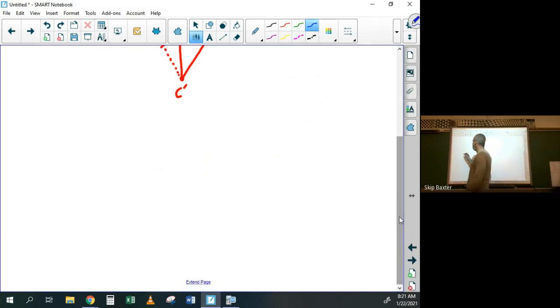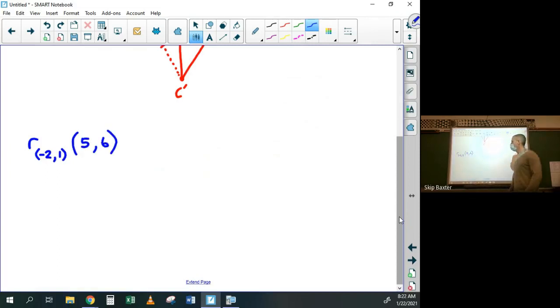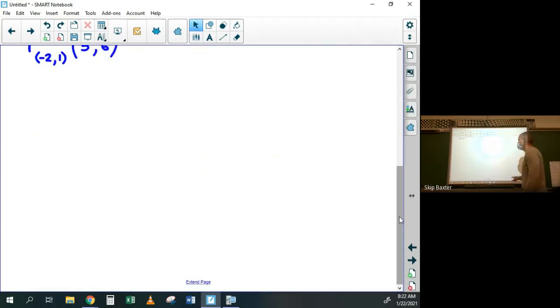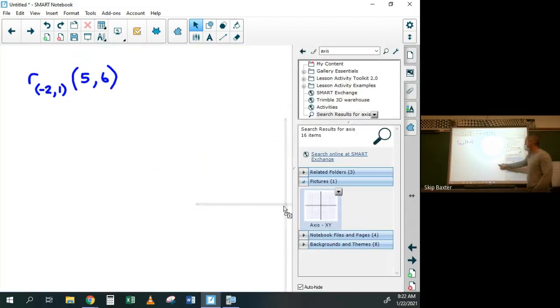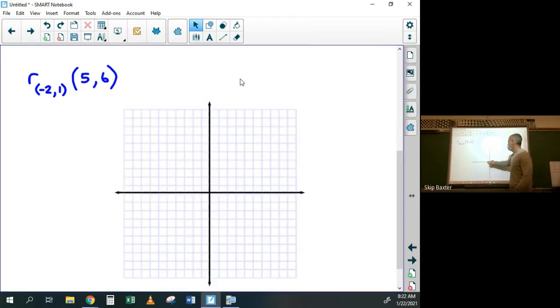So if I had, for example, a reflection across the point -2, 1, of the point 5, 6. Again, I strongly recommend that you use graph paper because I really don't know how you do this any other way. Okay?